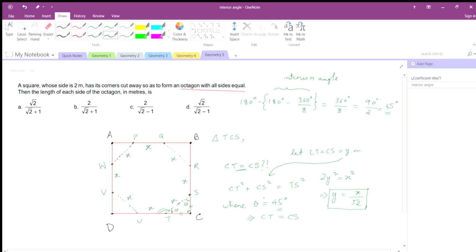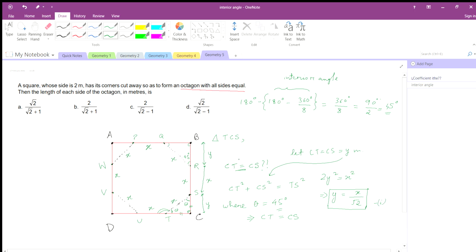Now see, this is also y, right? From here to here you have y. From here to here you have x. Now similarly this will also be y, right? This is 90 degree, this is 45 degree, this is also 45 degree. That means this will be x by root 2, this will also be x by root 2. This is the first equation.